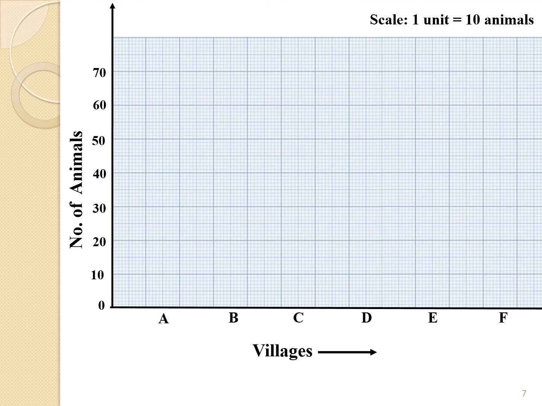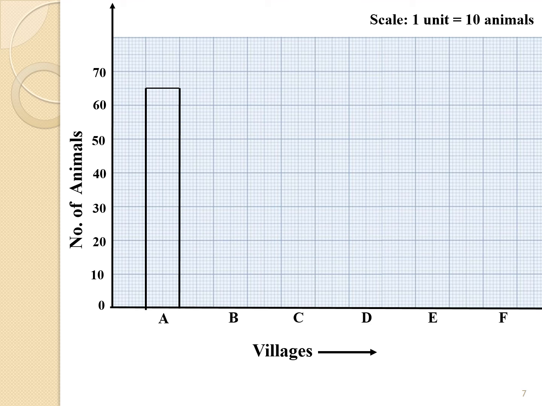Students, in village A, there are 65 animals. So, let us draw a vertical bar. Students, note that we have drawn the vertical bar for village A between 60 and 70 as 65 comes between 60 and 70.